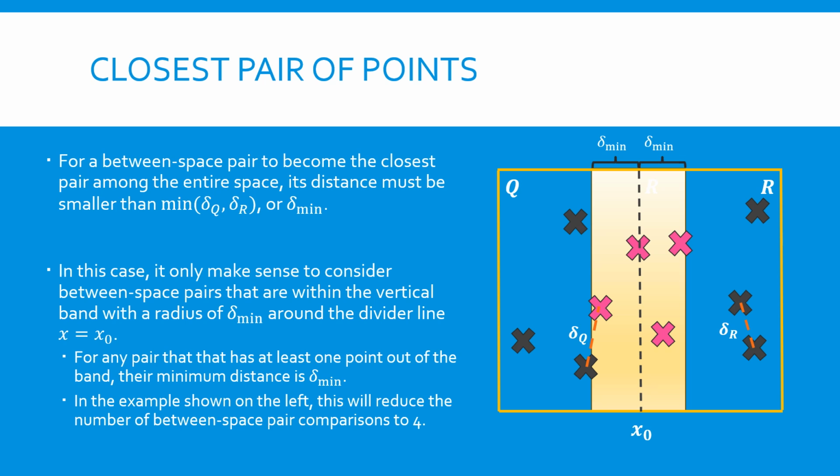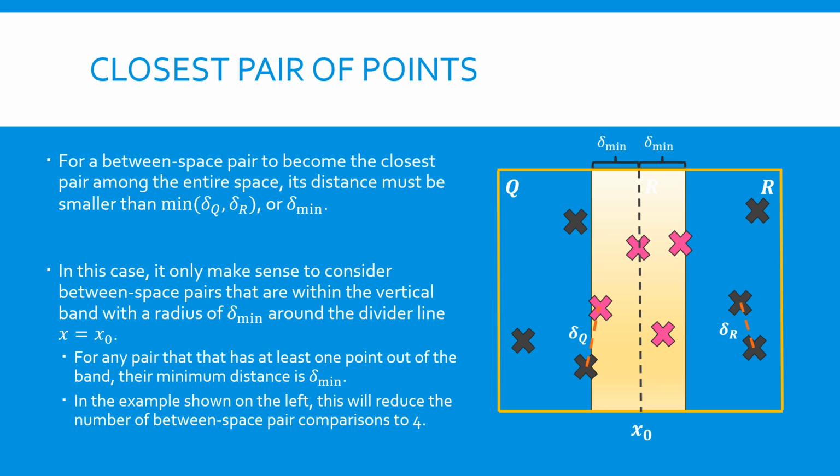With this intuition, we can define a vertical band with the radius of delta min around the divider line, shown in the figure as the yellow band. You can easily verify that for any between space pair of points where at least one point is outside the band, their distance must be larger than delta min.